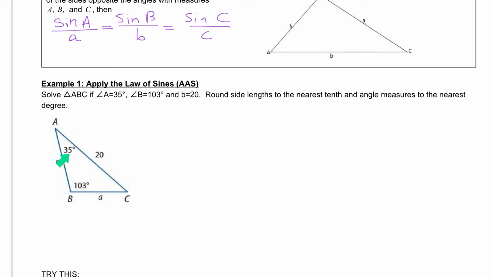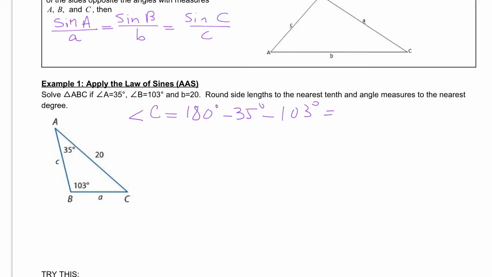Within this triangle, we know that angle A is 35 degrees, and angle B is 103 degrees. The first thing that we should be able to find is angle C. If we have two angles of the triangle, we can find the third by subtracting those from 180. So angle C is going to be equal to 180 degrees minus 35 degrees minus 103 degrees.